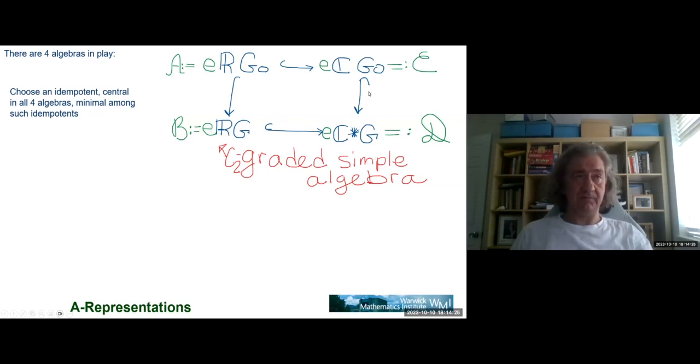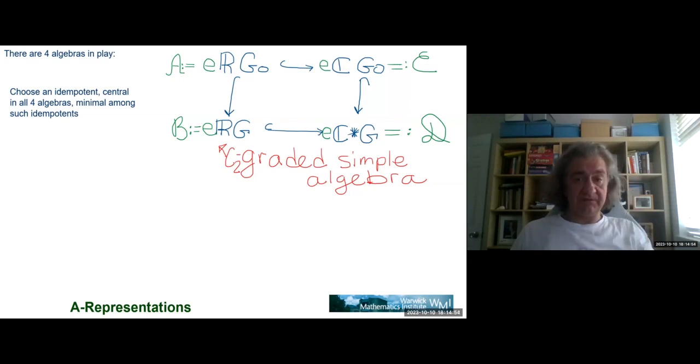It lies in all of them, it's central in all of them, and it's minimal among such. And then we have these pieces, call them A, B, C, and D. So these three are real algebras, and this is a complex algebra.